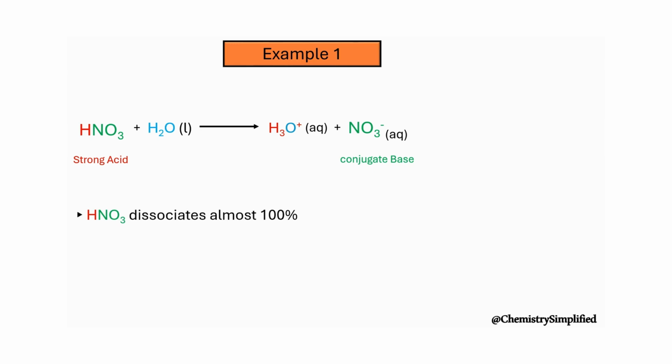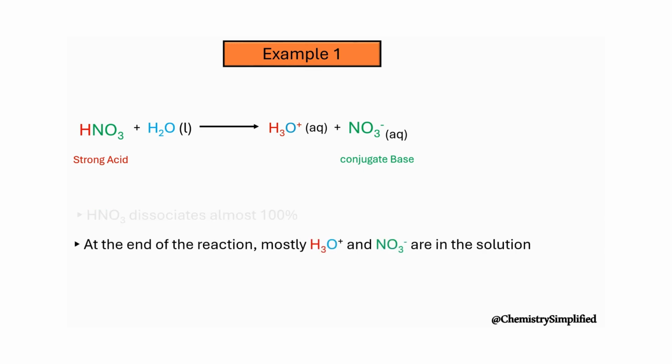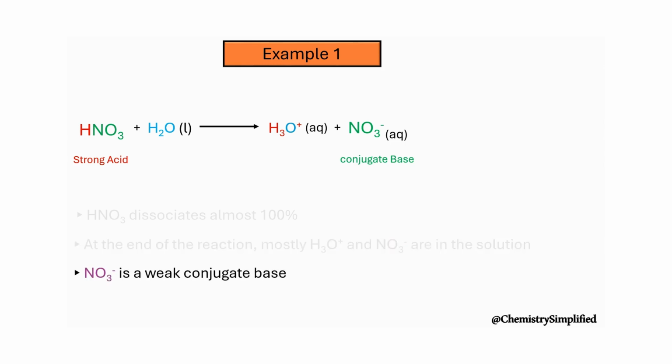So nitric acid dissociates almost completely because it's a strong acid. And at the end of the reaction, we expect to find mostly hydronium ion and nitrate ion in solution. Why? Because the forward reaction is favored, and we expect nitrate ion to be a weak conjugate base.